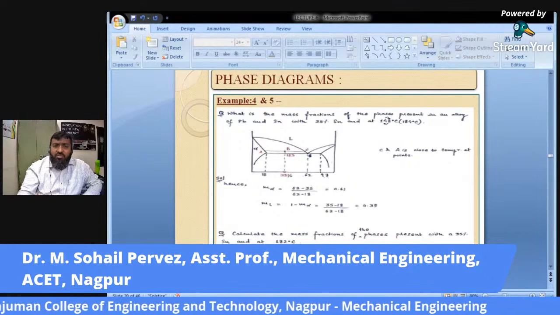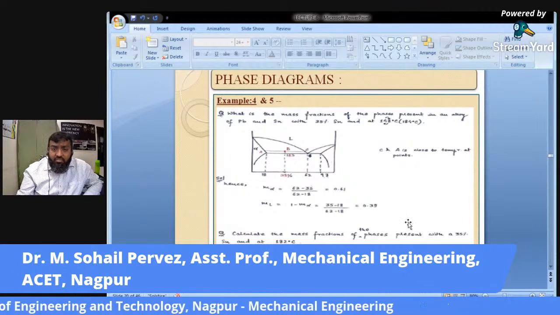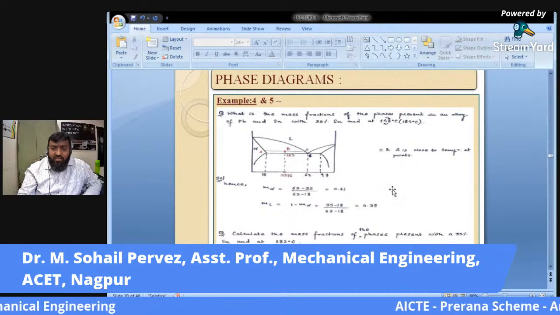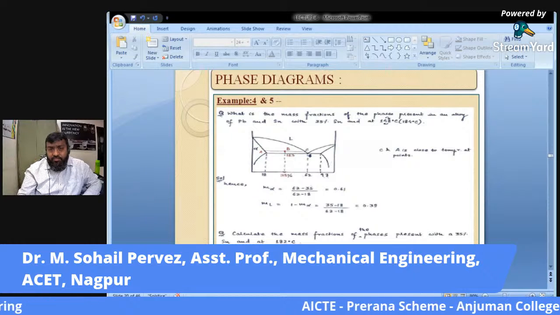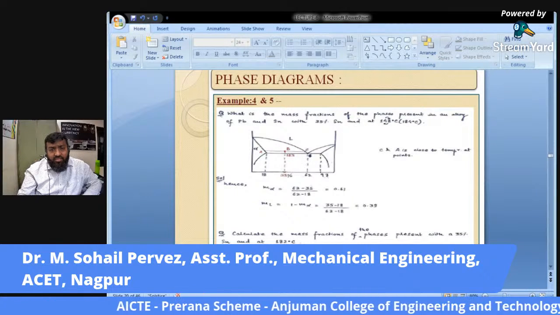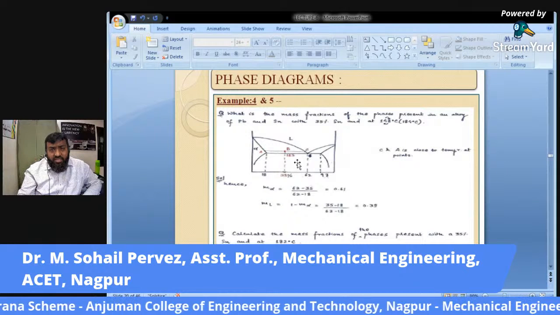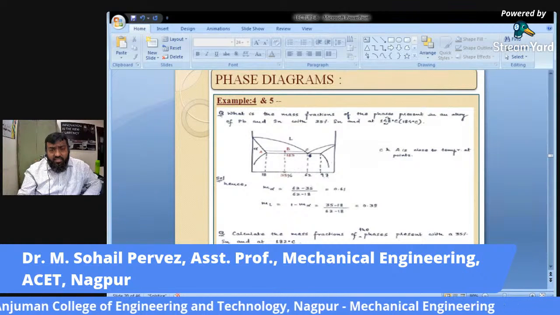So this is simple, for your practice handwritten notes with the answer, wherein we can solve this and get the answer, because at different temperatures we get different elements. The eutectic temperature, that is 183, is mentioned here.